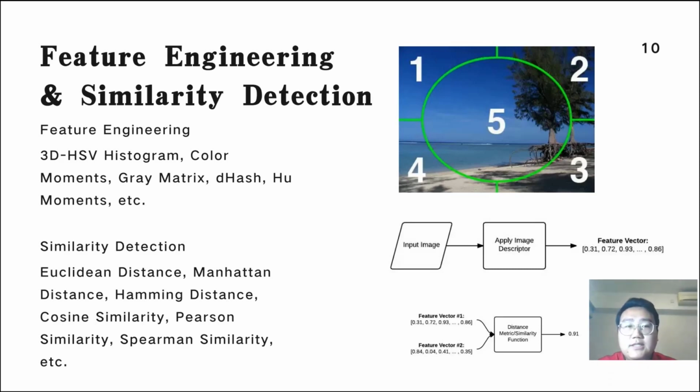We focus on 3D HSV histogram and color moments in this video. The former is more in line with our intuitive perspective of analyzing an image, and the latter is our hard-coded implementation of the algorithm.